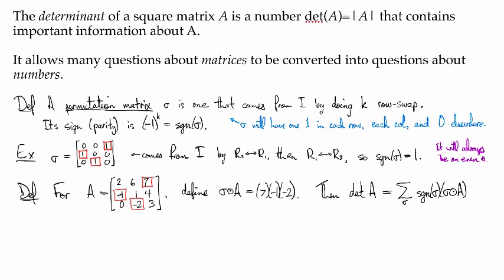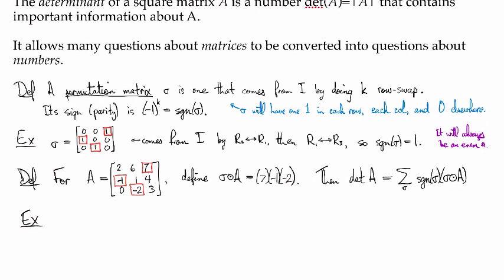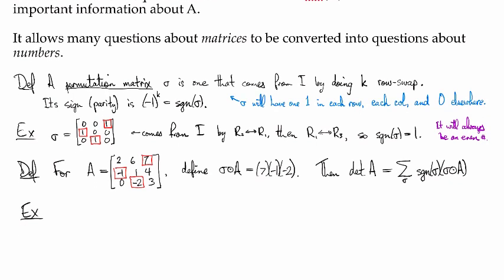Okay, so let's just look at an example of what this looks like in the 2x2 case. So we'll do one that you know and love, a, b, c, d, just the general 2x2. Now, for something this simple, there are only 2 permutation matrices. We can have either the identity or we can have the off-diagonal.